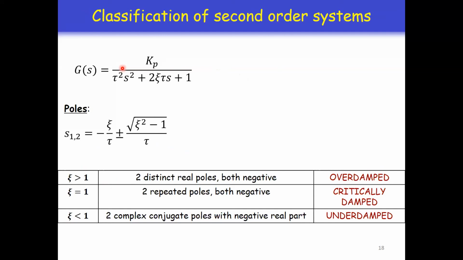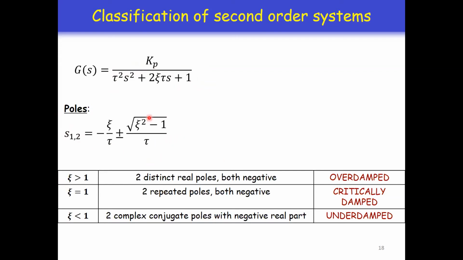So a very convenient way to classify second order systems is based on the analysis of the poles. So let's take the transfer function. The poles are the roots of the denominator. So let's find the roots of the denominator, and it is basically the one that I'm highlighting now with my pointer.